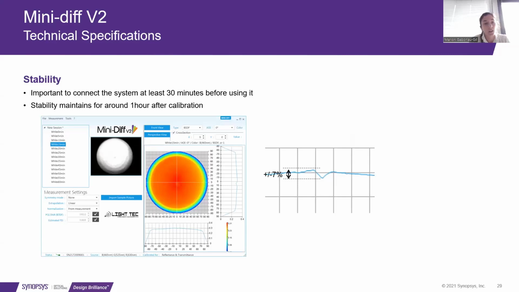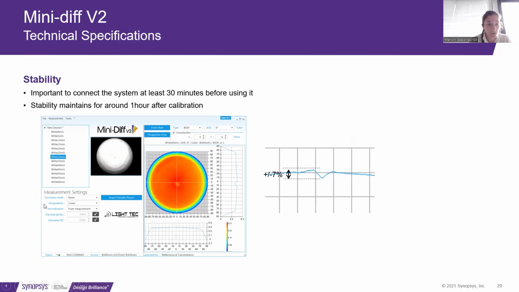Regarding the stability, it's important to connect the system at least 30 minutes before using it. It's just the time for all elements to be stable. We really advise you to do the measurement just after calibration, but if for some reason you can't, it's possible to do that even 1 hour after the calibration.